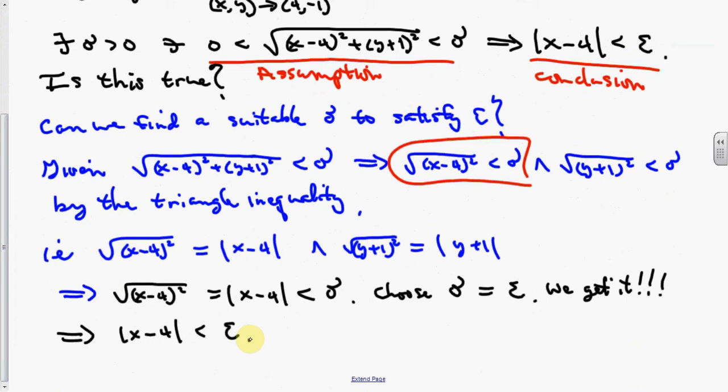So the assumption implies the conclusion. We found the suitable delta. Here, delta is the same as epsilon for this particular problem. Very easy.